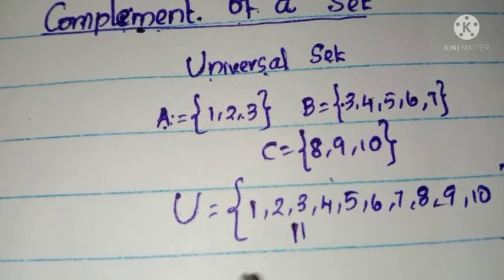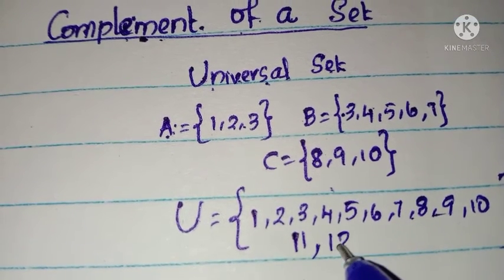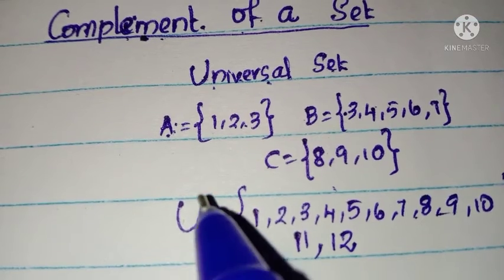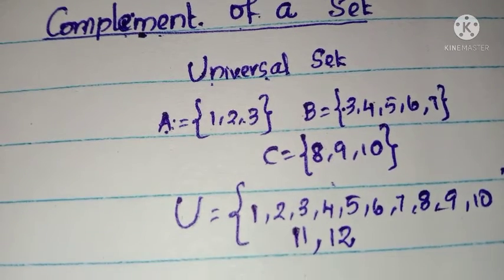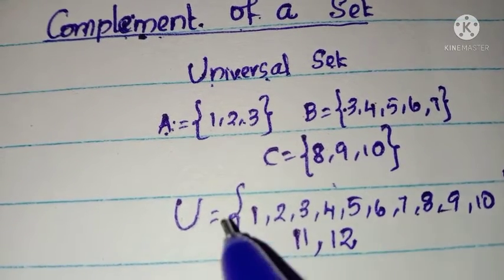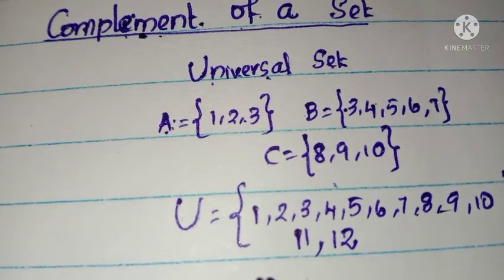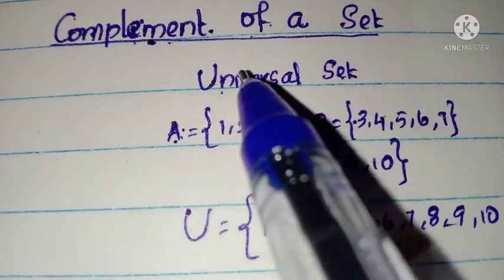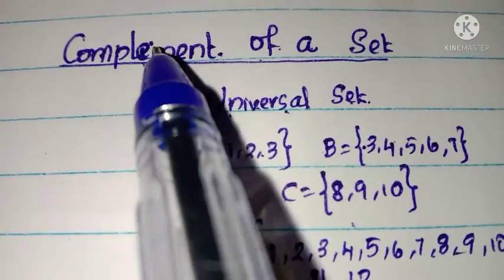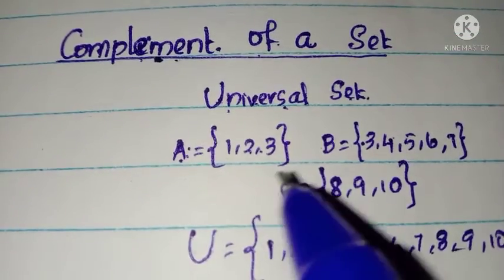This is also a universal set. If we add one more element, this is again another universal set. So a universal set is a set which contains all the related sets. Okay. So using this universal set, we can easily define the complement of a set.